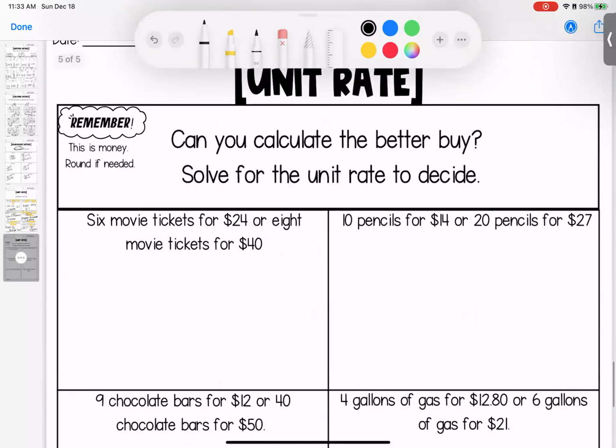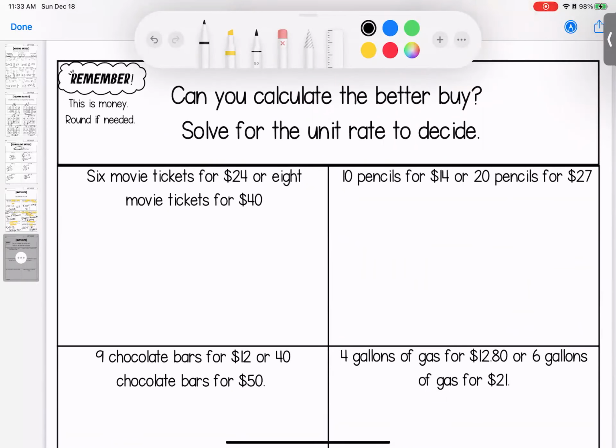Last one. We're trying to figure out which one is the better buy. To do that, we need to calculate the unit rate for each of these. And then once we have the unit rate, we're able to decide which one is the better rate, okay?